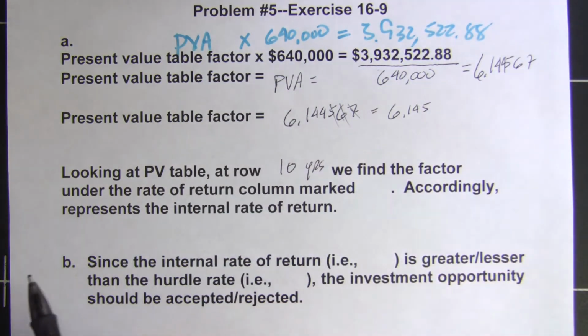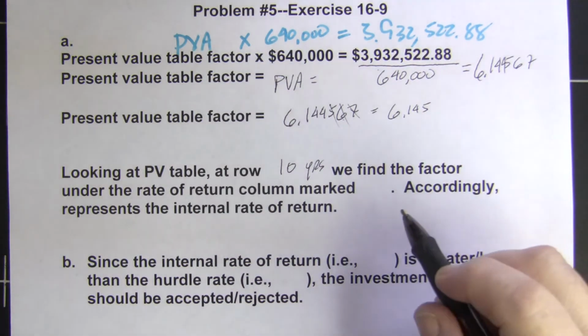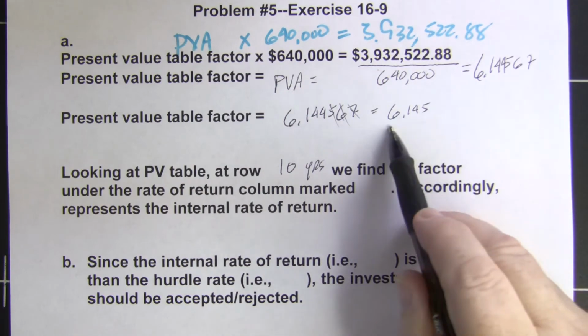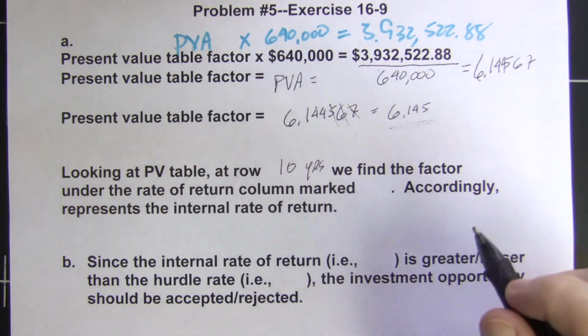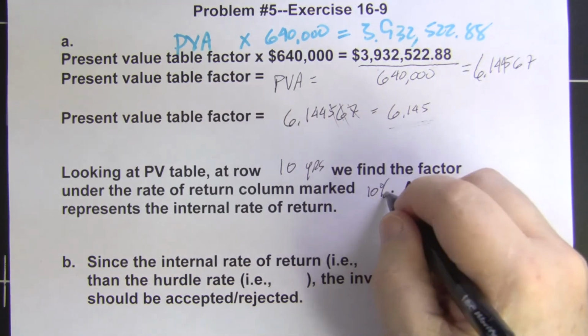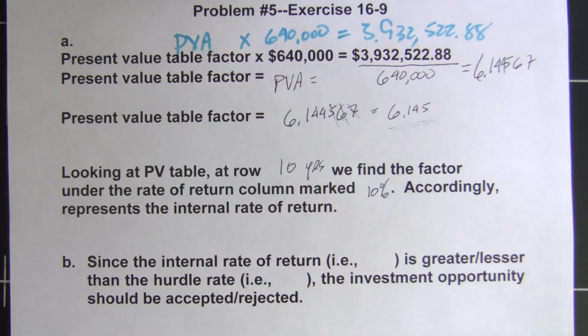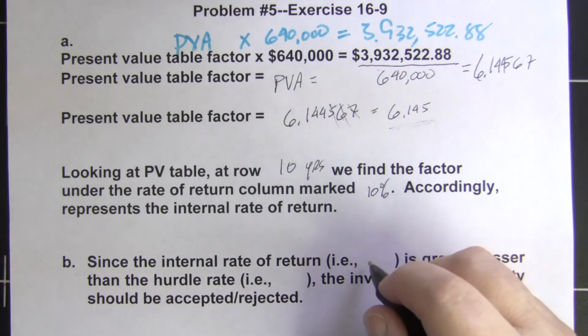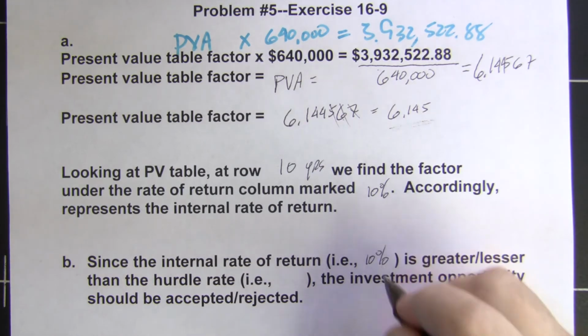We follow that across till we come to the number that's closest to that, and we happen to hit that exactly, and we find that that's 10%. So that's the rate of return. That's how much this investment will return to us every year. The internal rate of return is 10%.